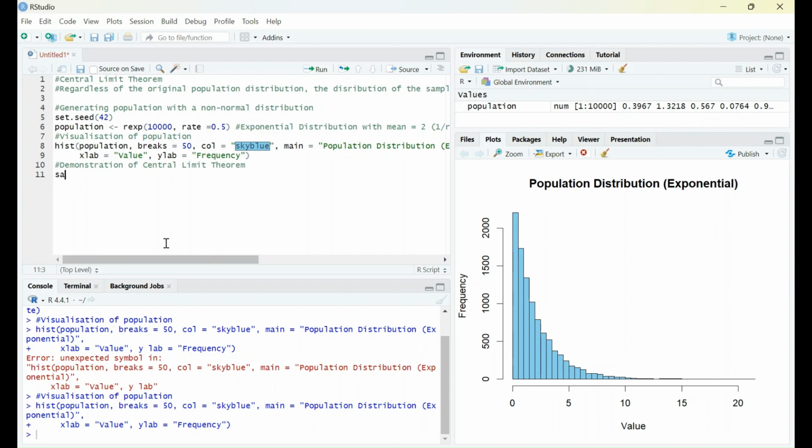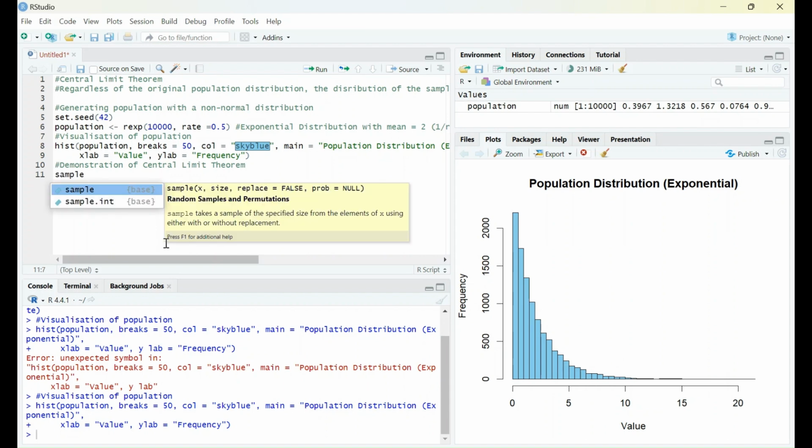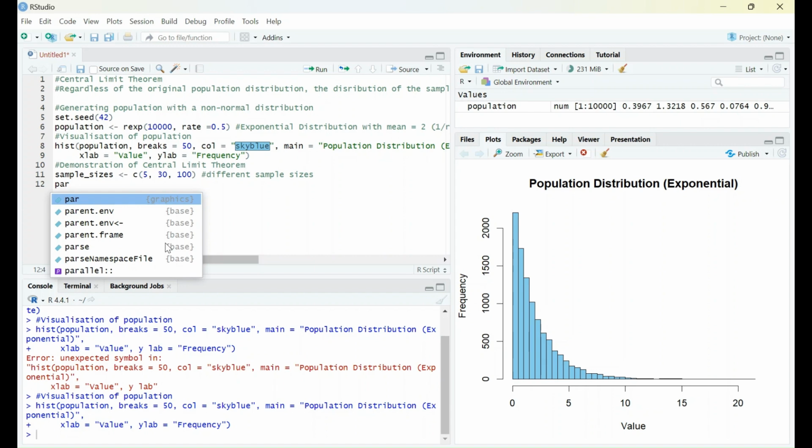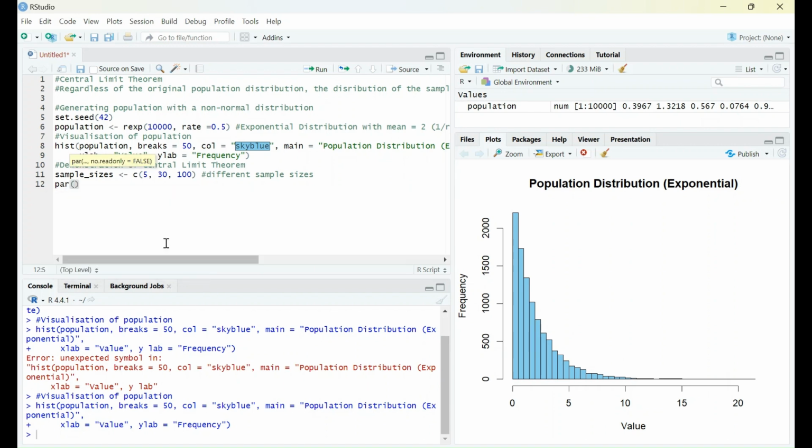Now let's create different sample sizes. For example, we'll create sample sizes of 5, 30 and 100. This creates different sample sizes. Now we'll create a plot grid.